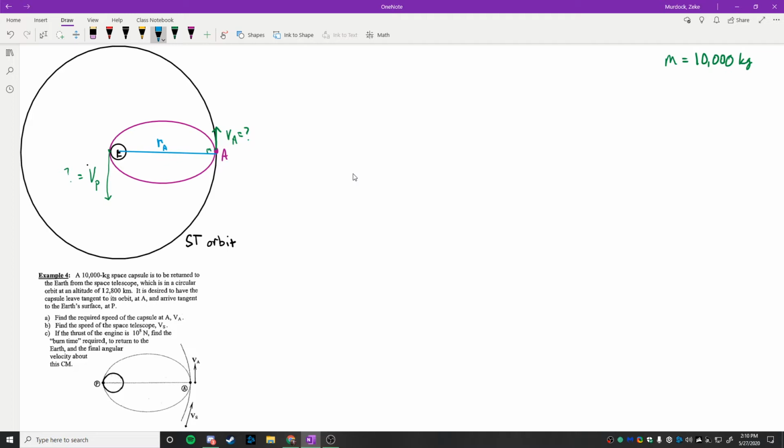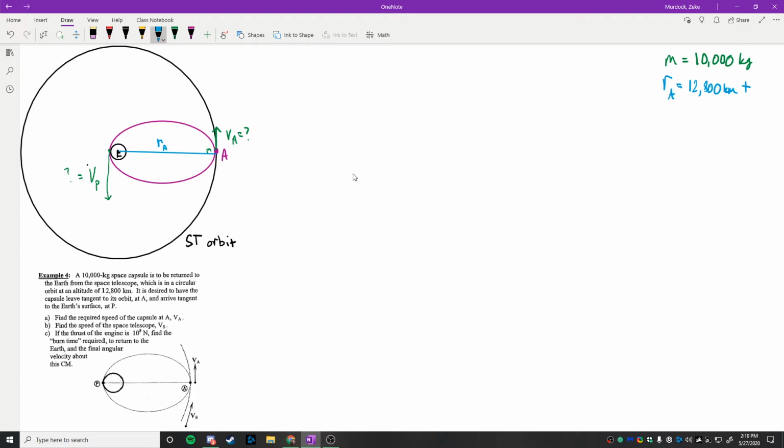And I'm going to say that RA is going to be equal to... Well, what's it going to be equal to? Can you guys tell me? What do I need to do? If it says that this is the altitude, what do I need to do with that number? If it's just the altitude, and I want to find the distance from the center of the Earth up to that point, that number plus r, where r is what? The radius of the Earth, right?